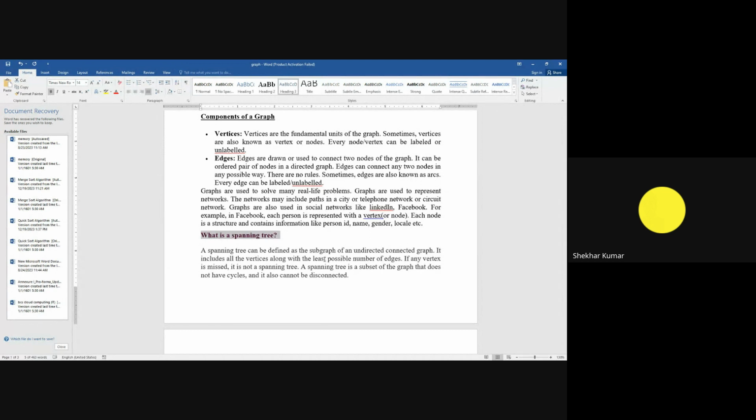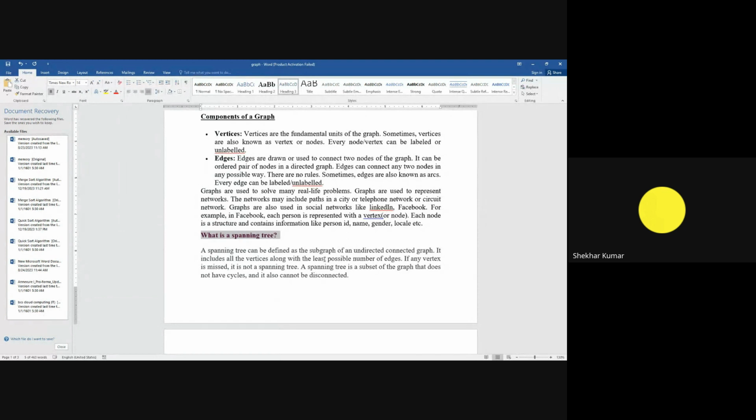In the spanning tree, we cover all the vertices, all the nodes of the graph, with the least possible number of edges. With the minimum number of edges, we want to traverse a complete graph. We want to traverse all the nodes in the spanning tree.